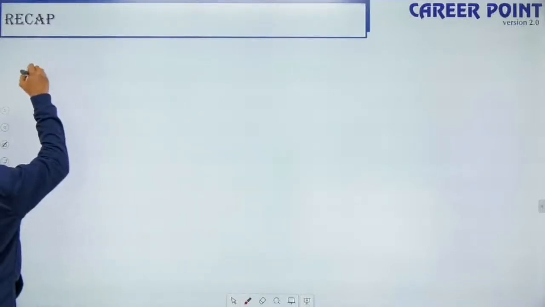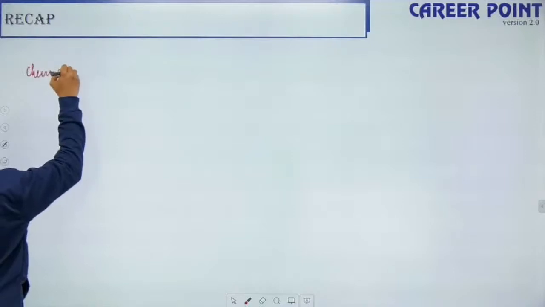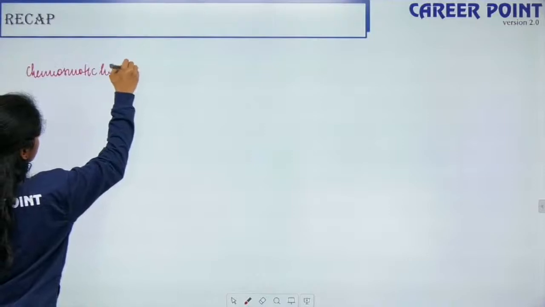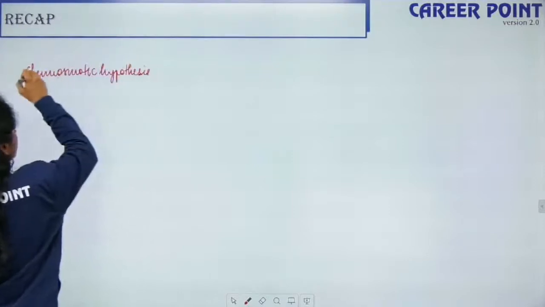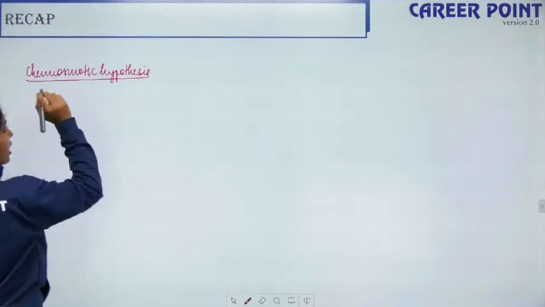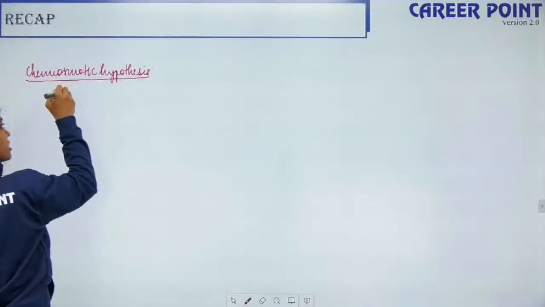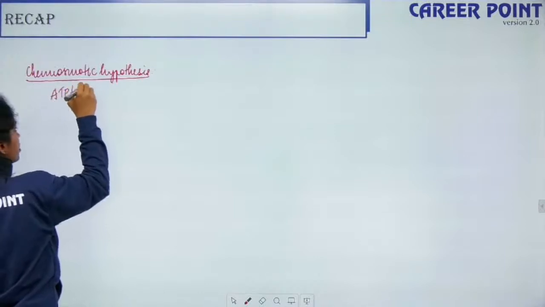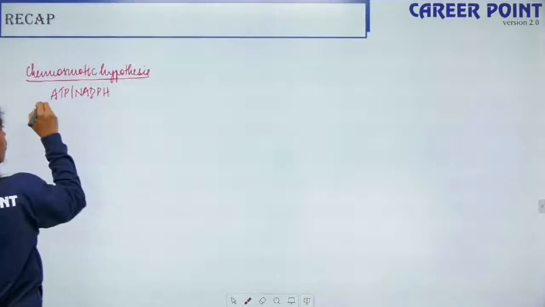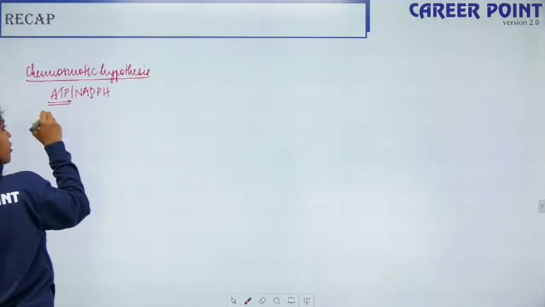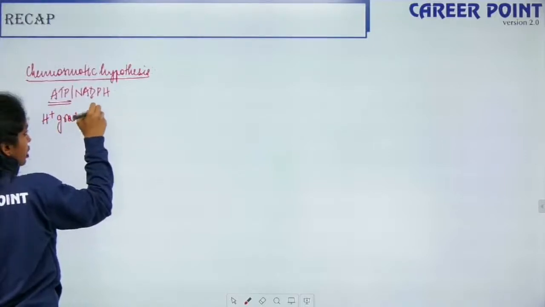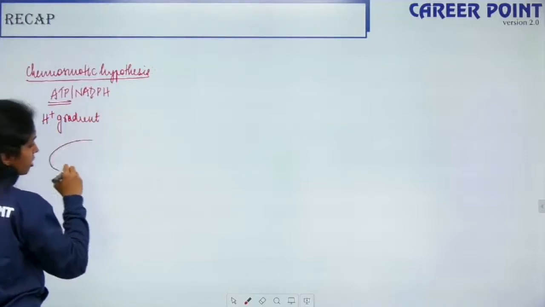We are recollecting your chemiosmotic hypothesis, and we are going to see how ATP and NADPH are being formed. For the formation of ATP, you need a proton gradient. Gradient means a difference in concentration. So we are going to talk about a condition.